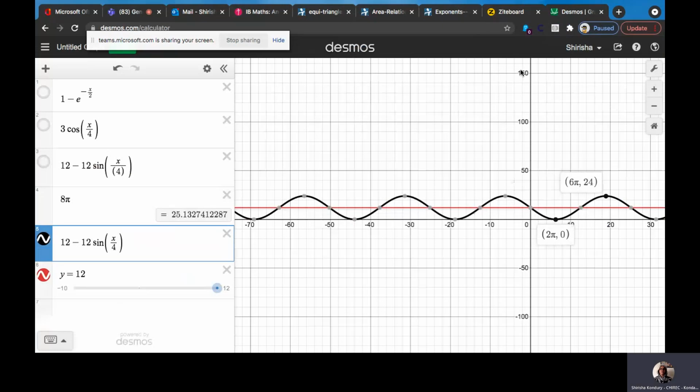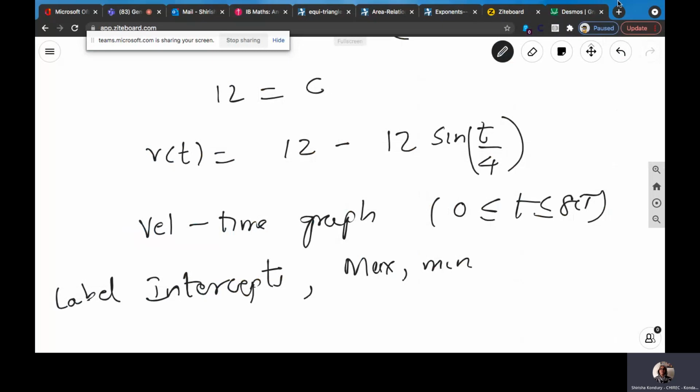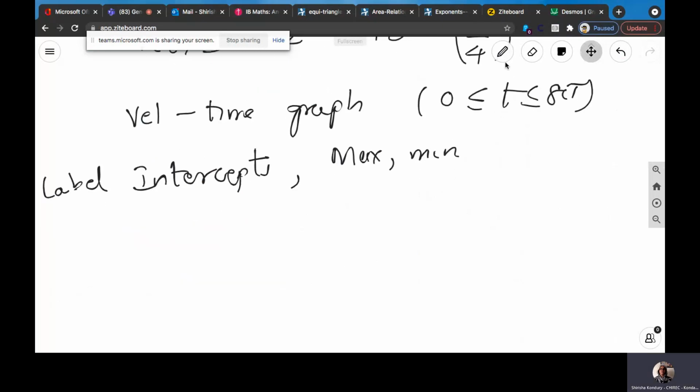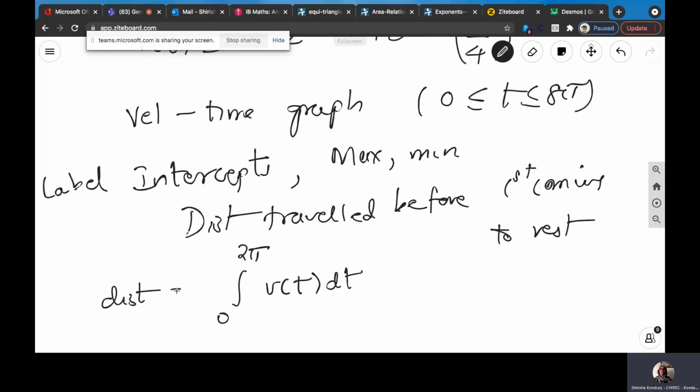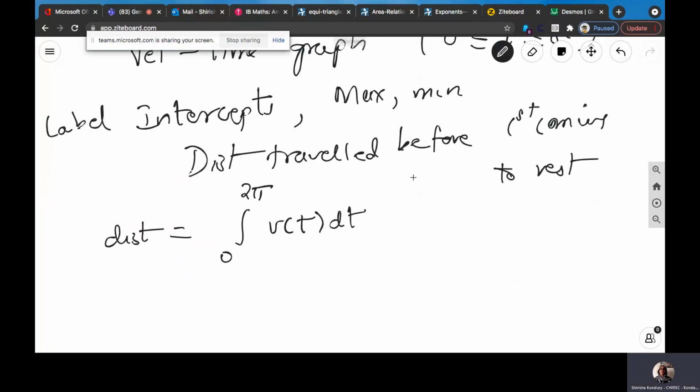So the question says find the distance traveled before it first comes to rest, which means between 0 to 2 pi, I have to integrate the velocity expression and find out the distance. At time t equal to 0, it will be 0. Initial distance is 0. So I will integrate the expression for velocity with respect to time.